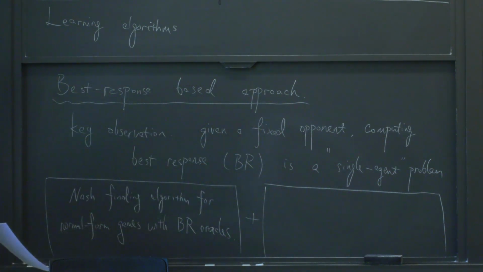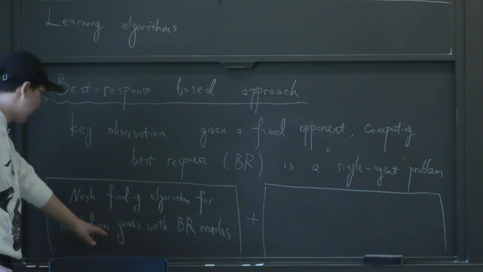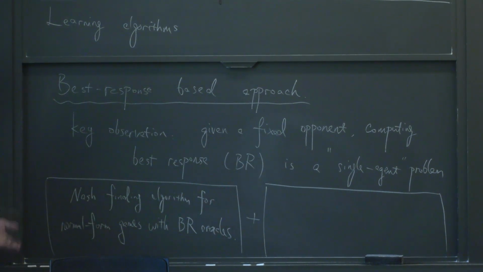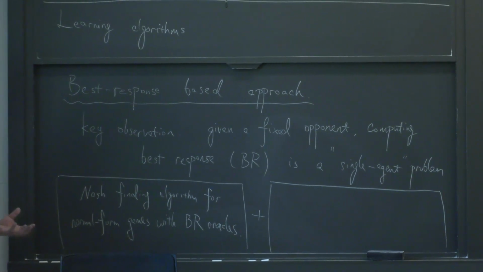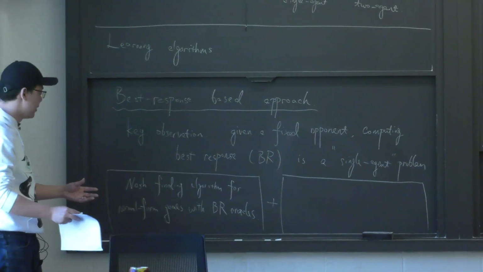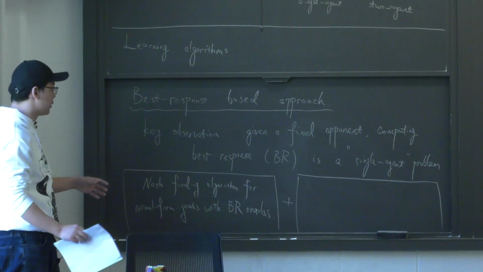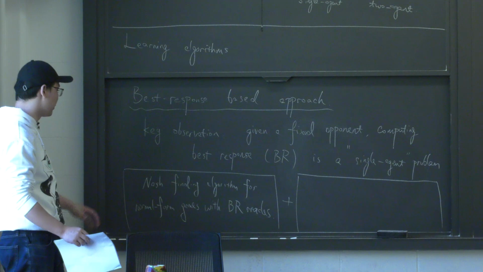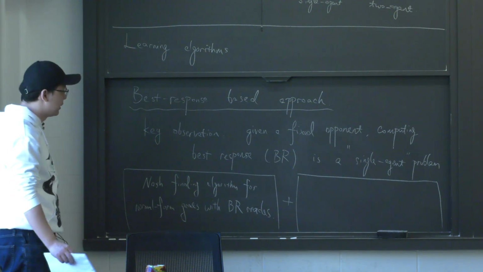A normal form game is a Markov game without any states and transition. As long as this algorithm only has access to best response, the algorithm design is basically reduced to computing a sequence of best responses. We will see what kind of algorithms are in this class later.